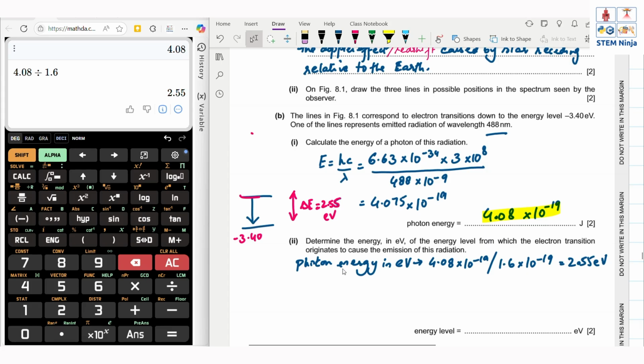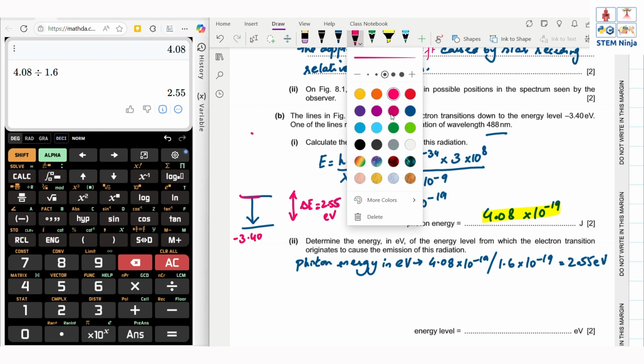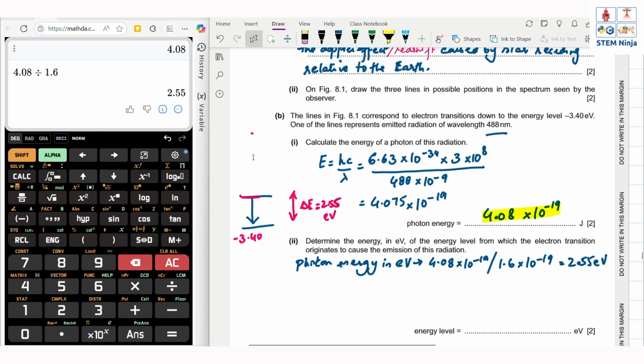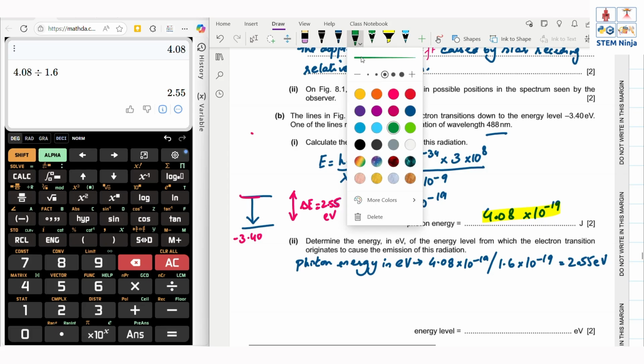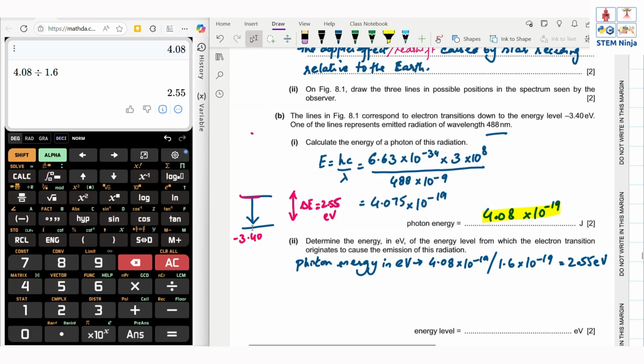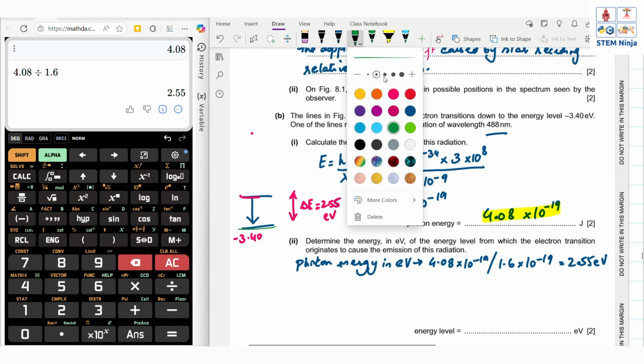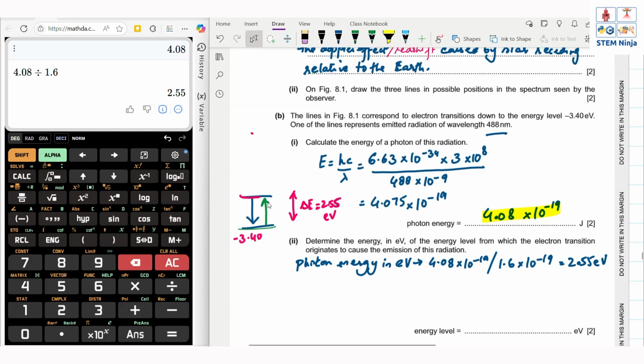Okay, so we simply need to find out the energy level over here. There are different ways to solve this question. Every student gets confused about what sign conventions to use over here. So remember this one thing. If you have minus 3.40, you will add that energy difference to get to this level, whatever this is, E2.